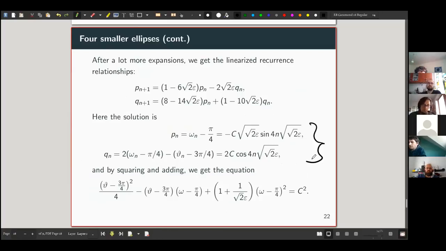So the first thing that can be seen in here is that after each step, we go by an angle equal to this weird value. So each step on one of those ellipses goes through this angle.